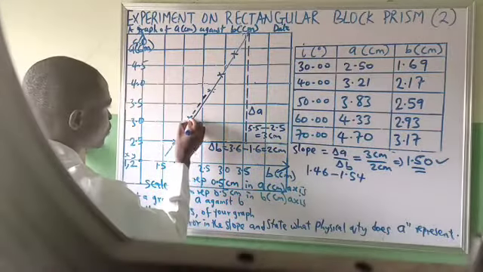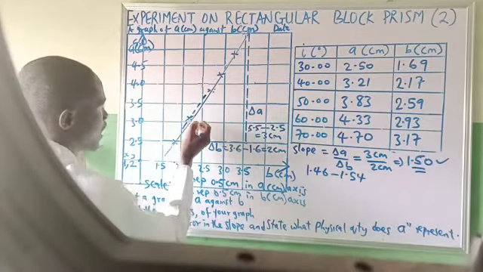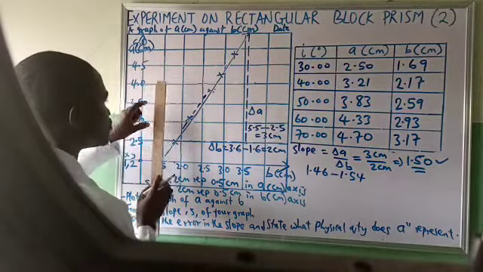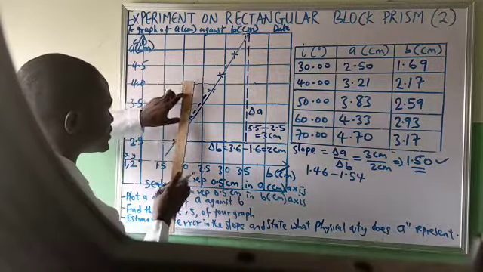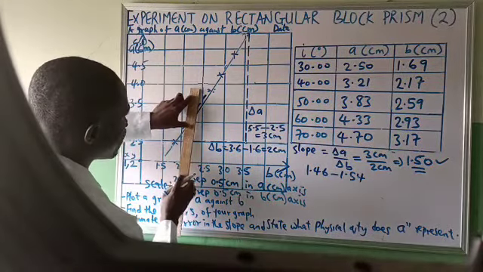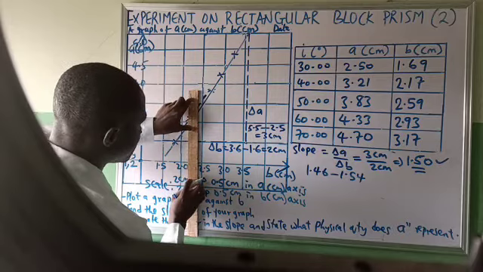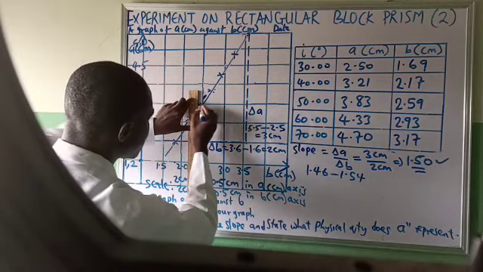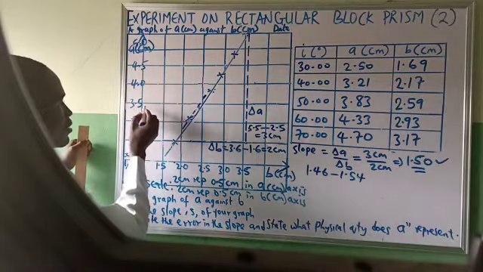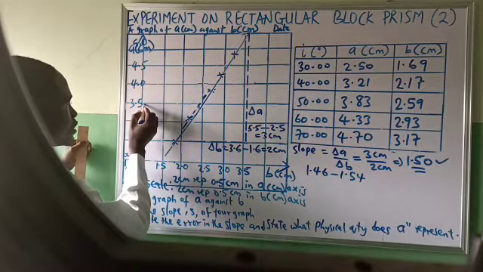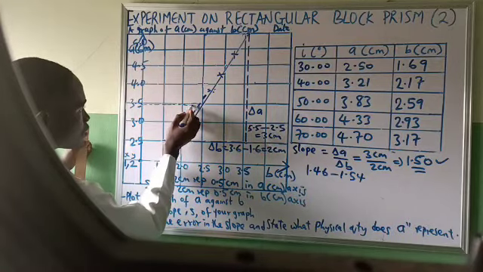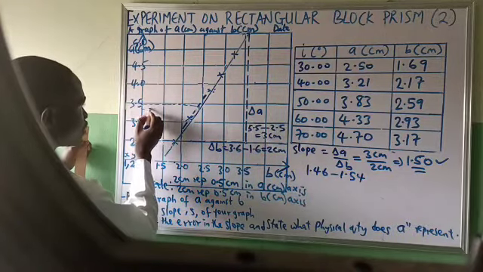So look at the point and look at the line that is parallel to the line of best fit. Once I put the line, I will now put the ruler vertical, so I am able to get this point and also get this point.